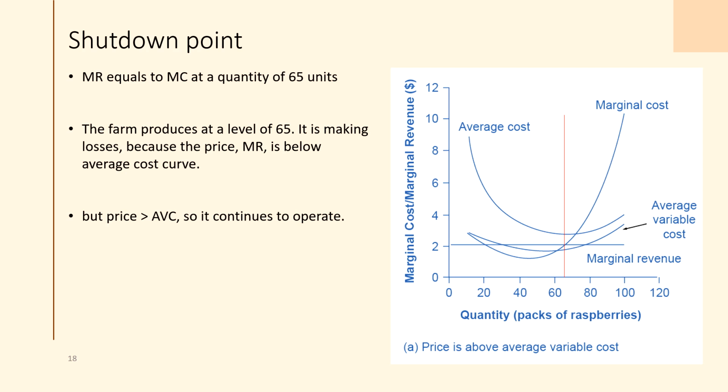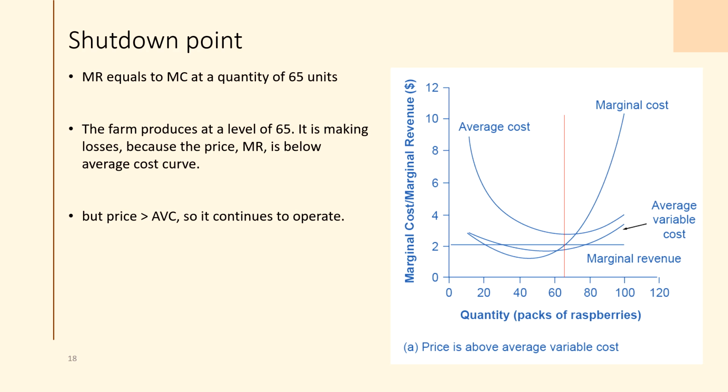This means the firm is making a loss. At this point, it may seem reasonable to think that the firm should shut down. However, the key idea here is that the firm does not compare price with average total cost when deciding whether to shut down. Instead, it compares price with average variable cost.